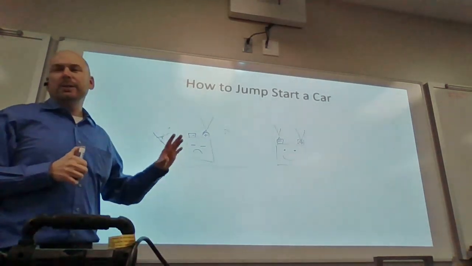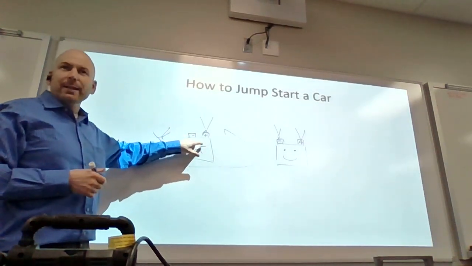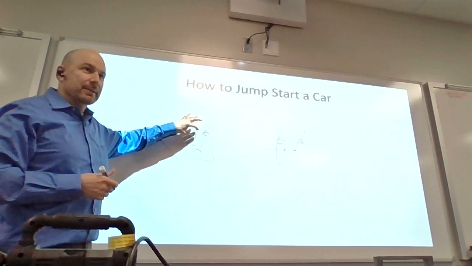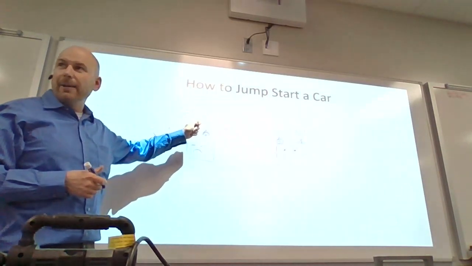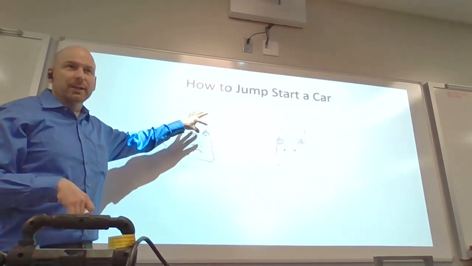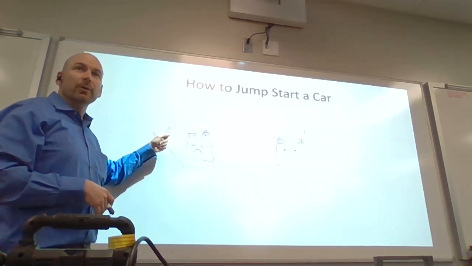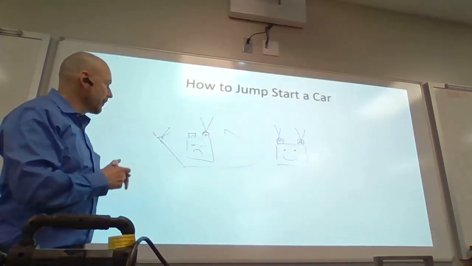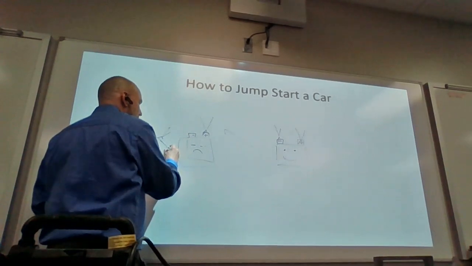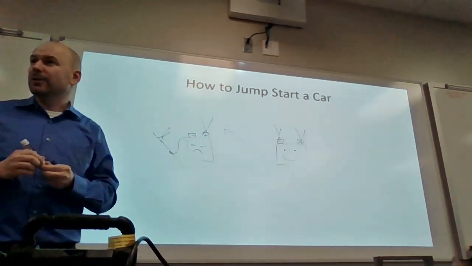There's a super low chance of this happening, but it is possible. There's hydrogen gas produced in your batteries, and when you make this last connection, a spark can happen, and there's a slight chance that you'd ignite that hydrogen gas. So what they say is your last connection, do it away from the battery. The black goes on the metal frame because this is considered ground. Somewhere along here, this is connected to the frame, and that completes the circuit.